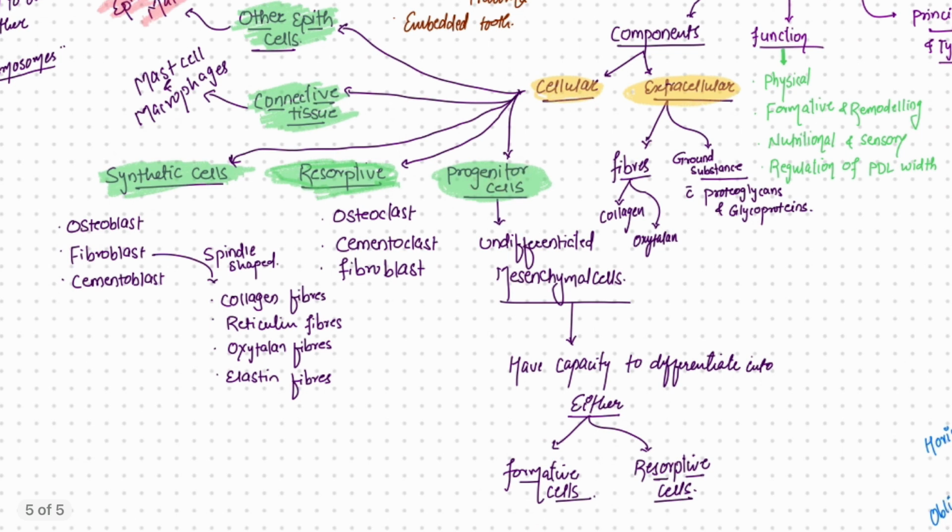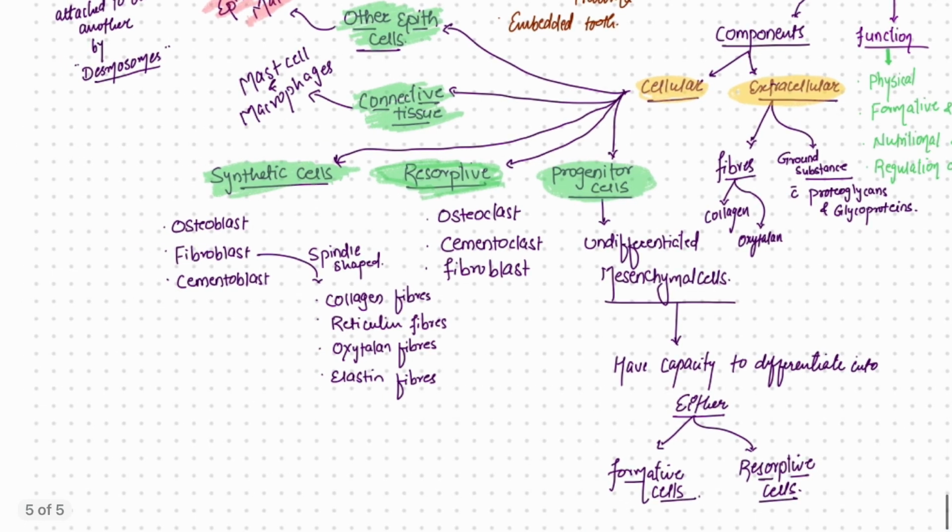The first one is the progenitor cells, which are undifferentiated mesenchymal cells. Undifferentiated mesenchymal cells means they have the capacity to differentiate into either a formative or a resorptive cell. That means a blastic cell can form something, and a resorptive cell with clastic activity can resorb something. So here comes the resorptive. Wherever the word clast comes along with some of these cells, it means they have a resorptive function, like osteoclast and cementoclast and fibroblast.